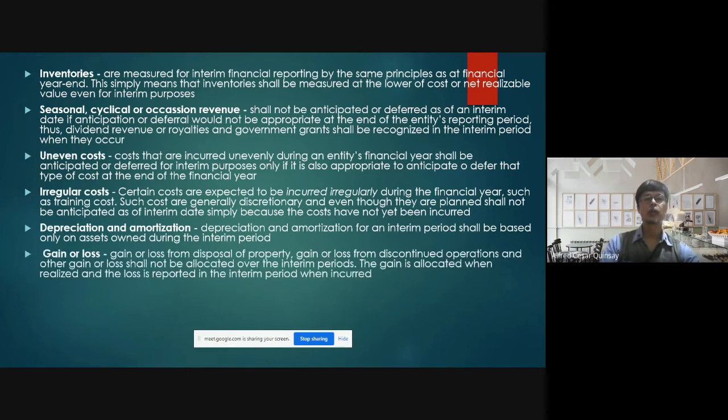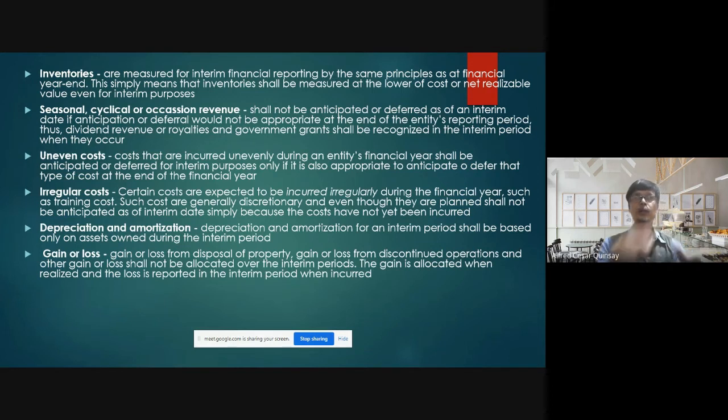Okay, and then also gain or loss from disposal of property, gain or loss from discontinued operations, and other gain or loss shall not be allocated over the interim periods. The gain is allocated when realized. Okay, so take note of that, when realized. Yan. And the loss is reported in the interim period when they are incurred.